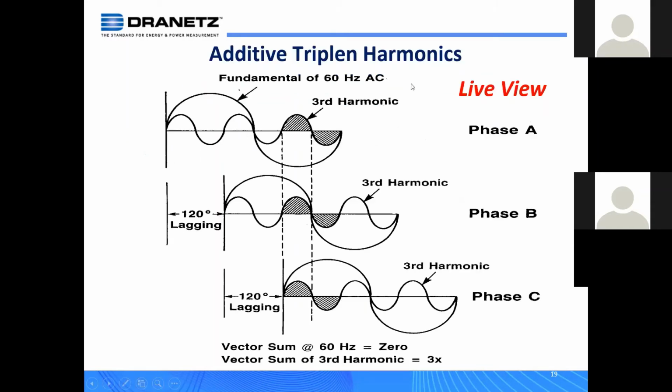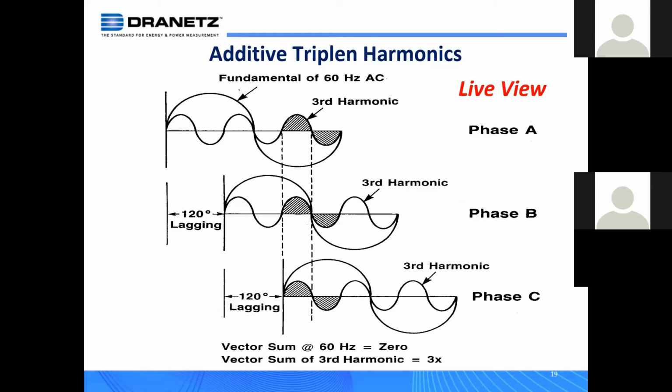I'm going to give you a live view of this in a second, where we'll present our harmonics demo tool that's built into the same DranView software that many of you have. But let me visually describe the issue. This is a 3-phase system: phase A, phase B, phase C, shifted by 120 degrees.